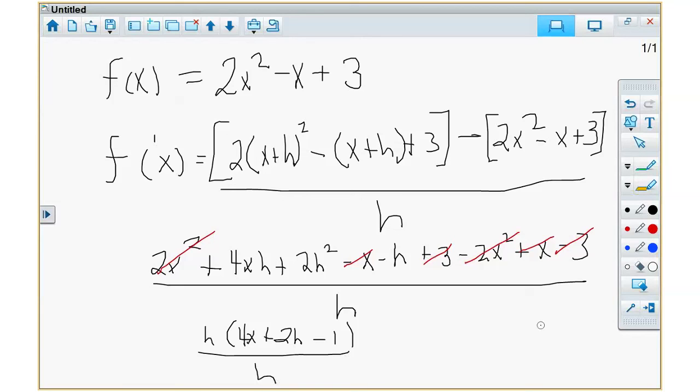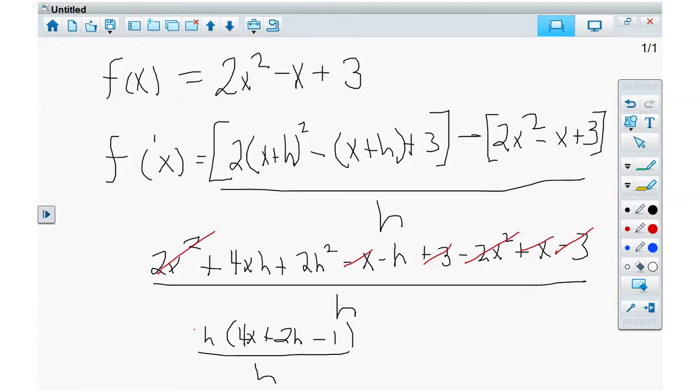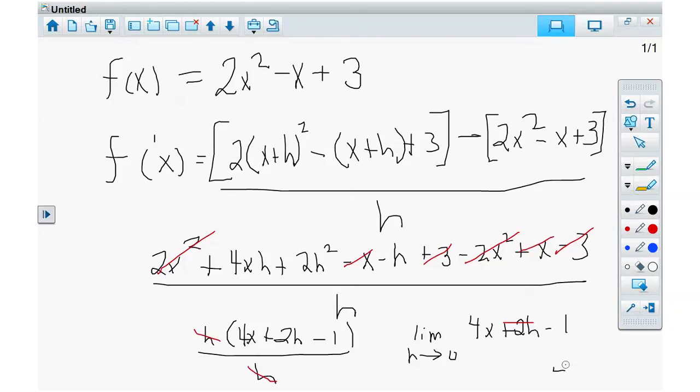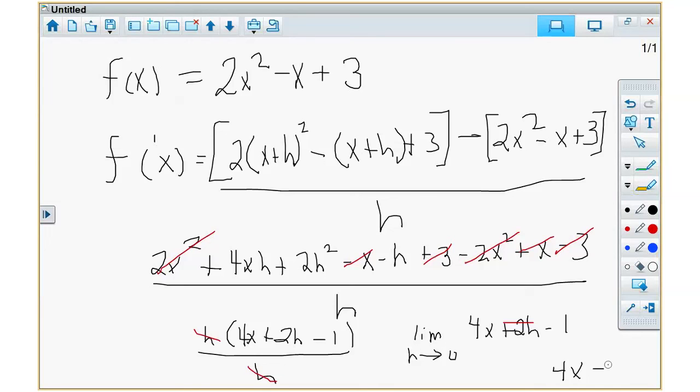And what happens to the h's? And then you apply the limit theorem. Limit as h approaches 0 of 4x plus 2h minus 1. And what happens to the h term? So your derivative is 4x minus 1.